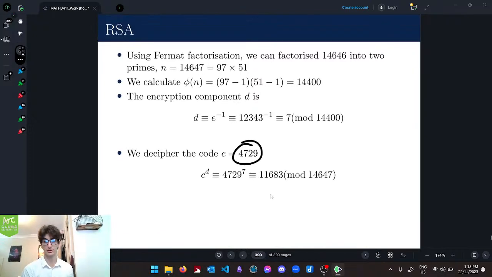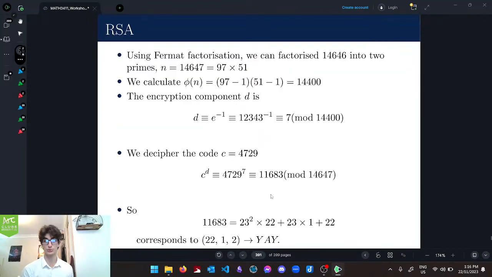So deciphering the code through the method we know, we end up with that being 11683 mod 14647, which we can uniquely decompose into this polynomial of 23s, because we can see this is essentially an x squared, and this is an x, and this is a constant.